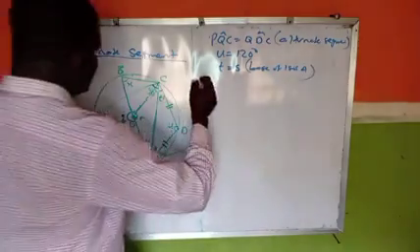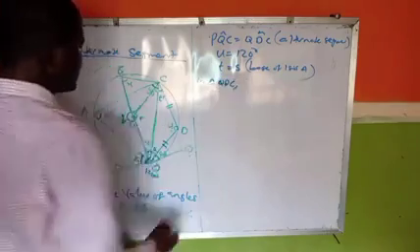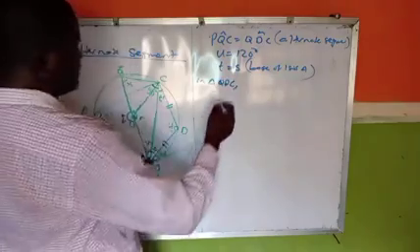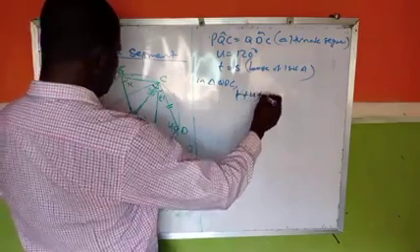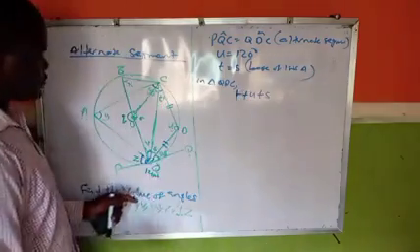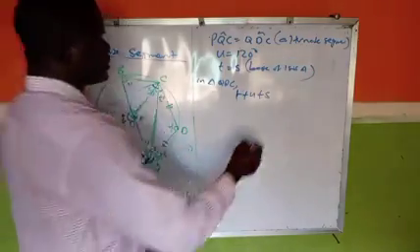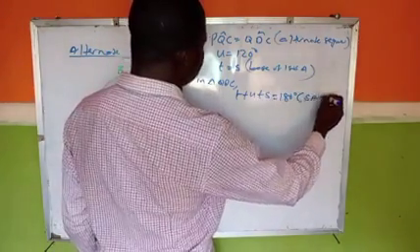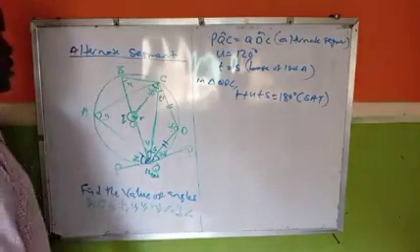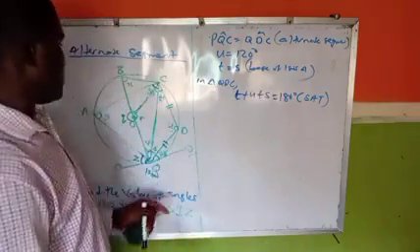Therefore, in triangle QDC, the angles you have there are T plus U plus X. T plus U plus X equals 180 degrees. That's the sum of angles in a triangle.